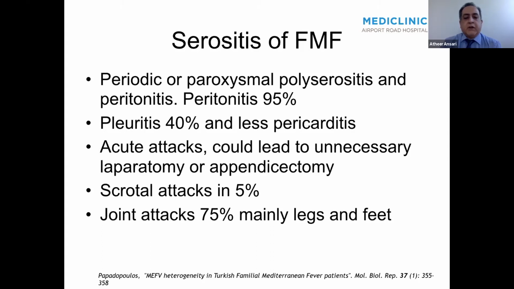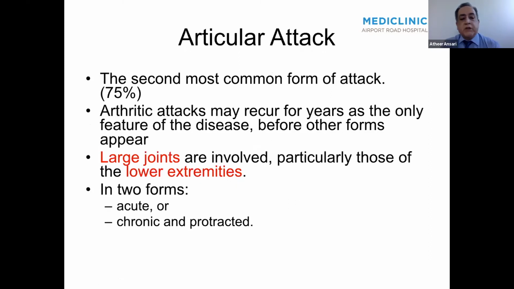It can affect the scrotum, and as you said, acute joint attacks as well. The articular attacks are mainly in large joints, mainly ankles or knees, occasionally metatarsophalangeal joints, not that often, and usually resolve rather quickly, but there is a chronic form of the articular disease.